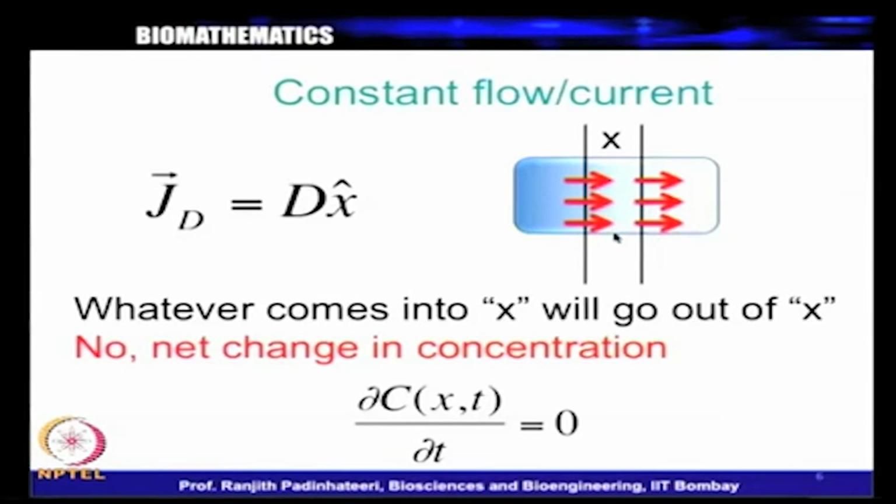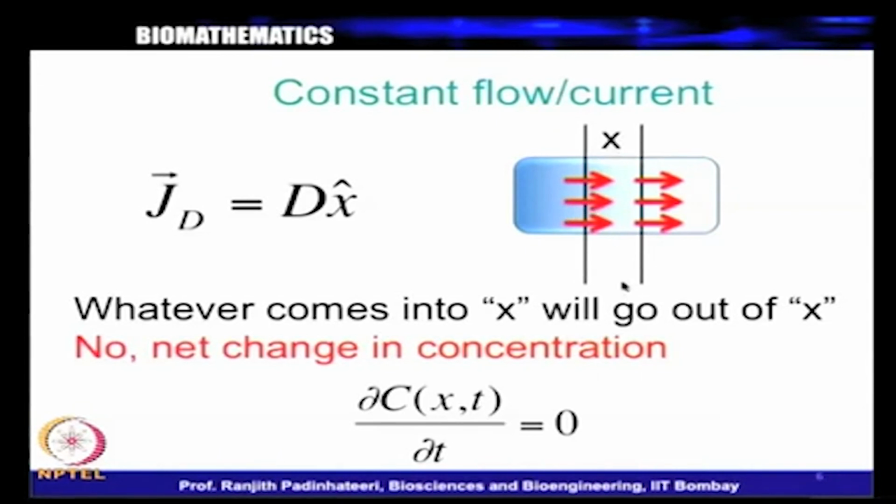So, if 3 molecules come in, 3 molecules will go out in 1 second. Whatever comes into x will go out of x. So that is what we mean by constant flow, that constantly it is flowing.